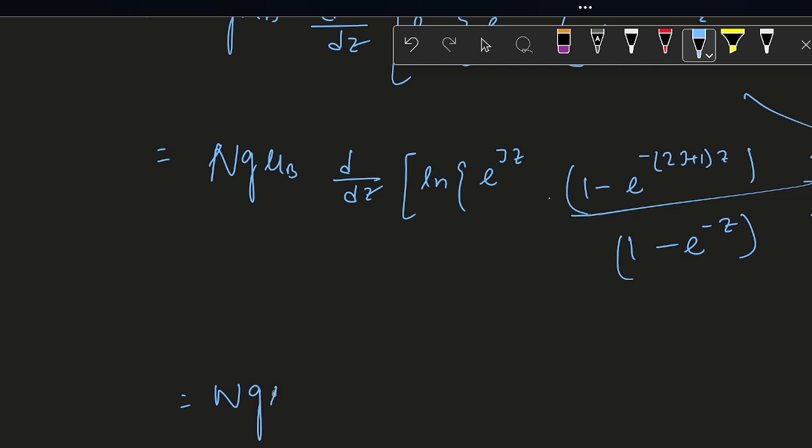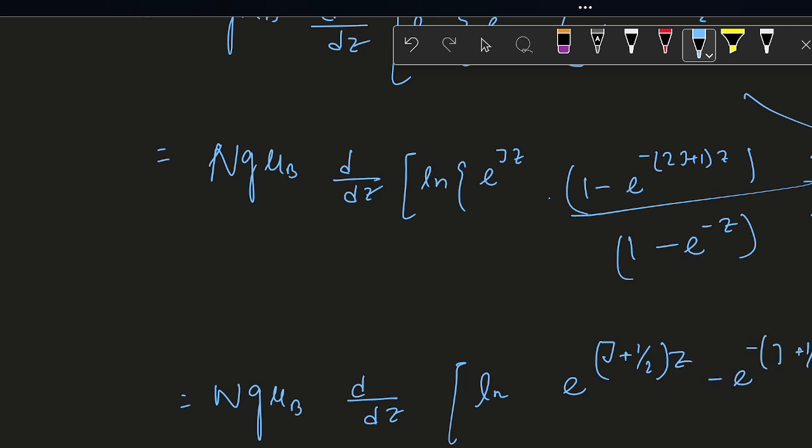So now further simplifying, n g mu B d/dz of, we simplify terms, adjusting a few terms here and there, so that it becomes e to the power j plus half z minus e to the power minus j plus half z divided by e to the power z by 2 minus e to the power minus z by 2.